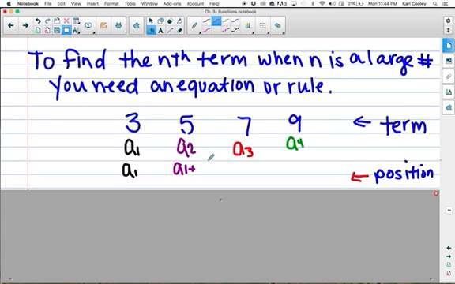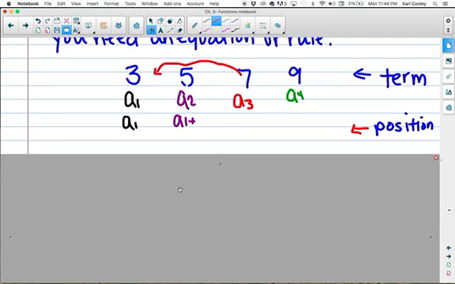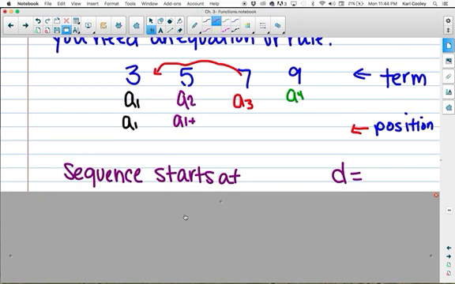Isn't it A2 plus that common difference? But we want to pull it all the way back. What is its relationship to the 3? That's what we're going to be taking a look at now. The first thing we have to realize is that the sequence starts at A1, which is the number 3, and the common difference between these numbers is simply plus 2.